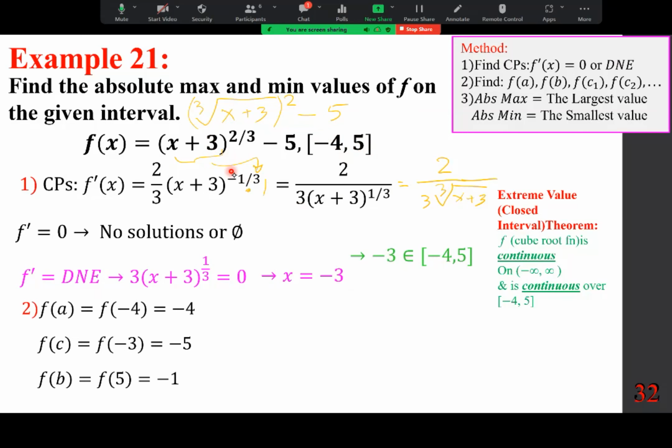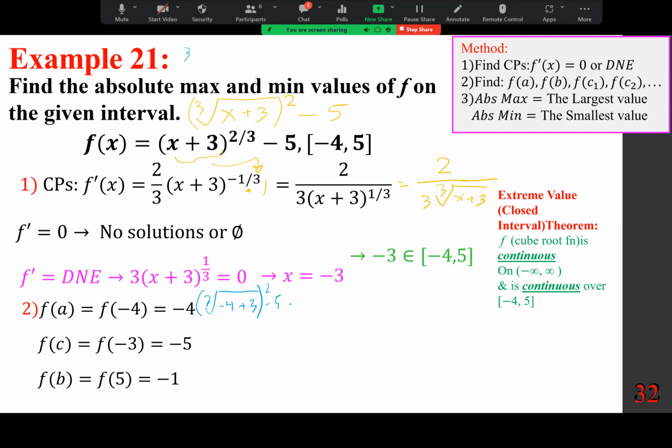And just for the evaluation, I will show you a couple of them. For example, negative 4, and it's easier to go with that. So plug in negative 4 into this one. If I put negative 4 here, I get cube root of negative 4 plus 3, squared, minus 5.